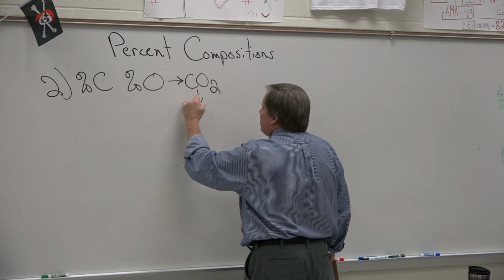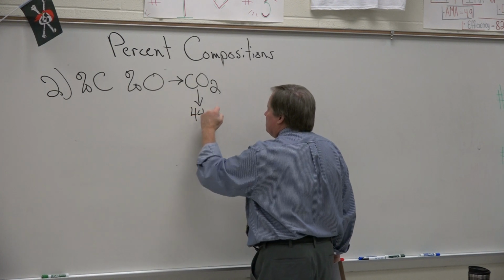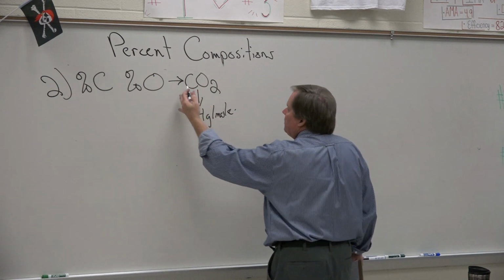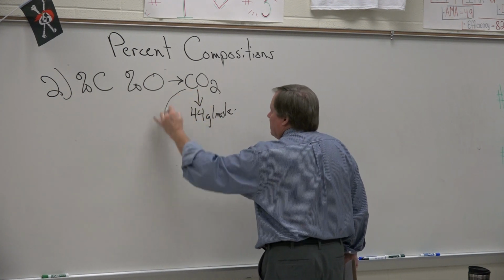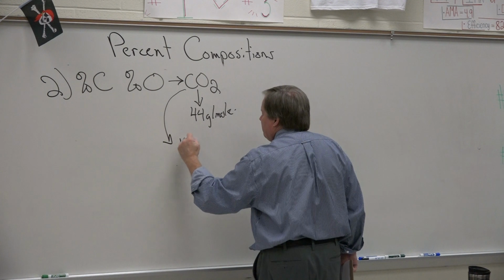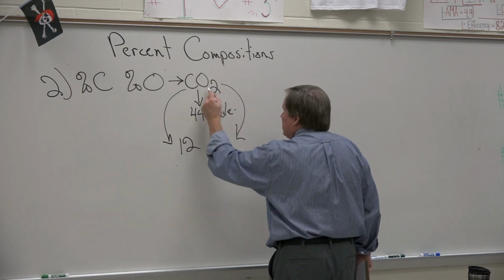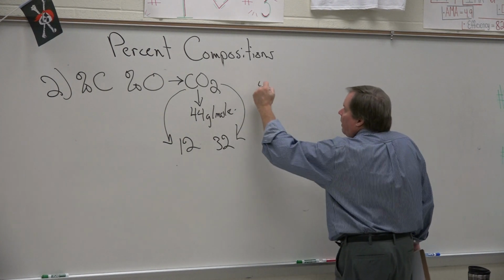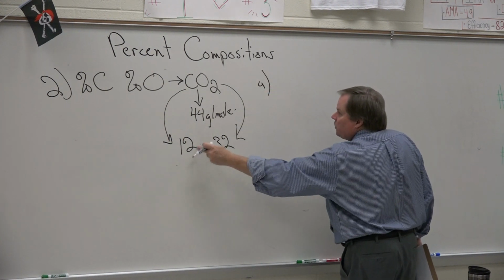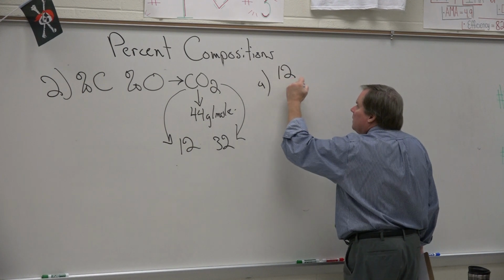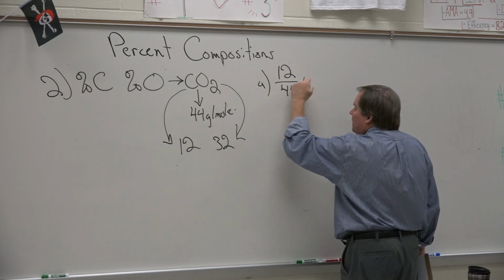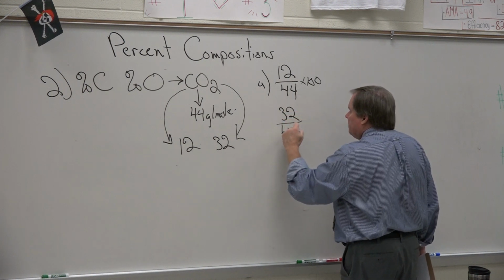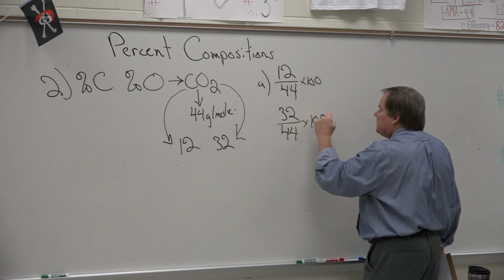CO2, we've said a couple of times, is 44 grams per mole. So we can do this real quick, but we need to know what the constituents are, don't we? The carbon is 12. The oxygen is 32. So our ratios are 12 over 44 times 100, and then 32 over 44 times 100.